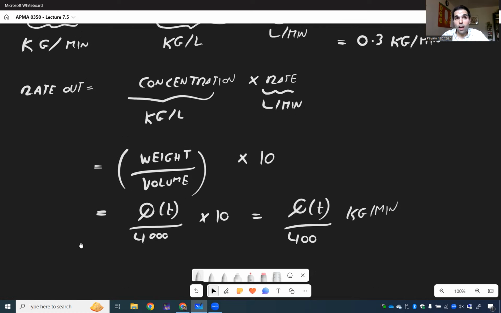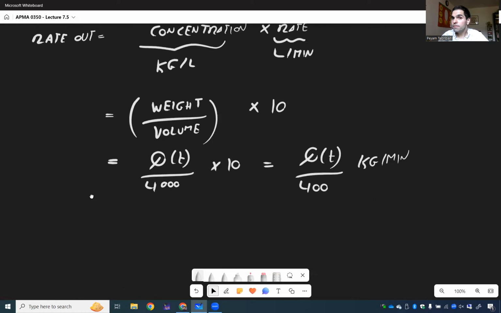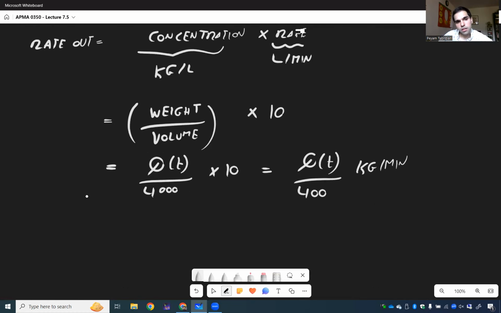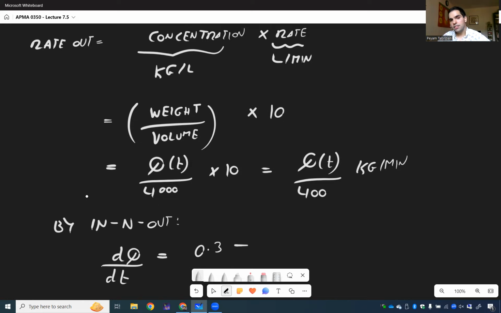So therefore, what is our differential equation? By in and out, we get dQ/dt equals the rate going in, which was 0.3, minus the rate going out, which is Q(t) over 400.